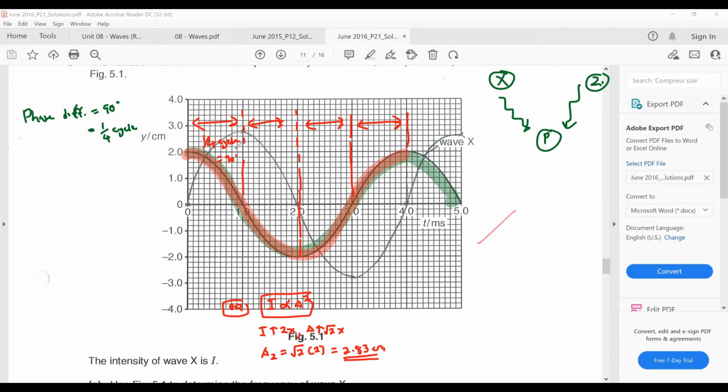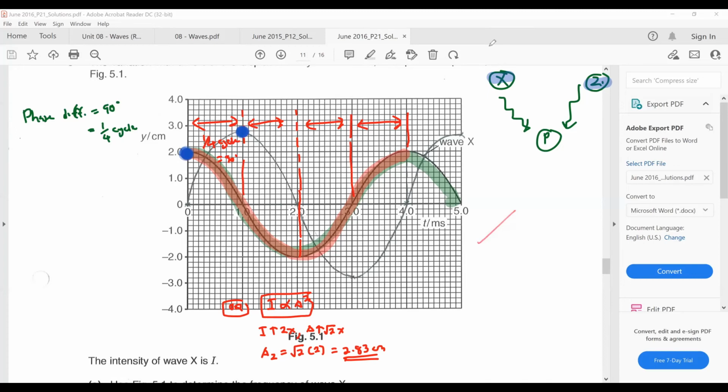So if you want to have a wave that is shifted 90 degrees away, for phase difference between two waves, remember I told you, you always tend to look at 2 points that are similar to each other. So if on the original wave I look at the crest for wave X, then for wave Z to have a phase difference of 90 degrees, the crest of wave Z must be shifted by a quarter of a cycle, 90 degrees.